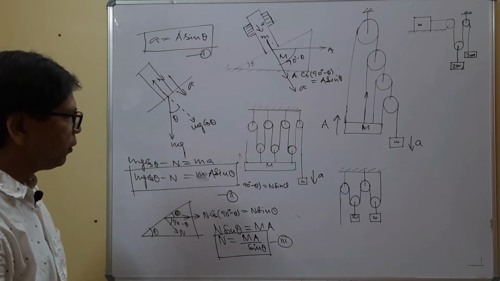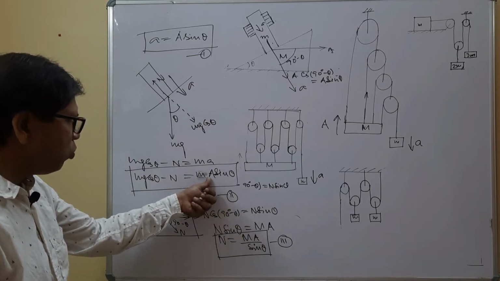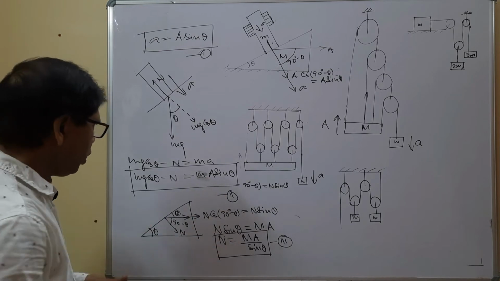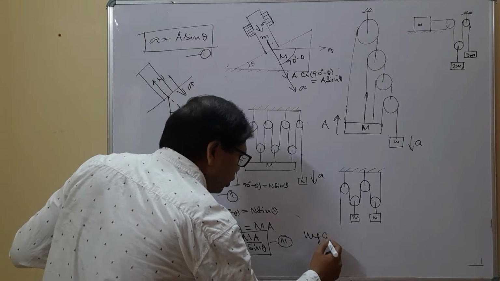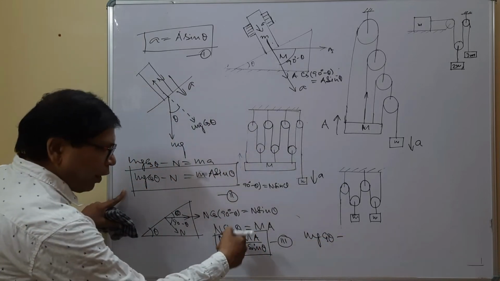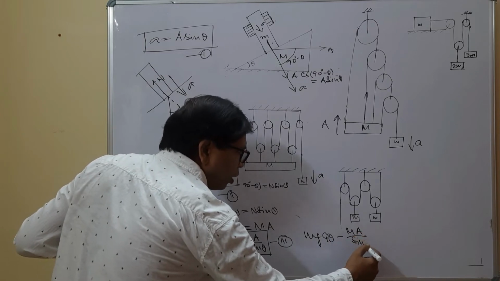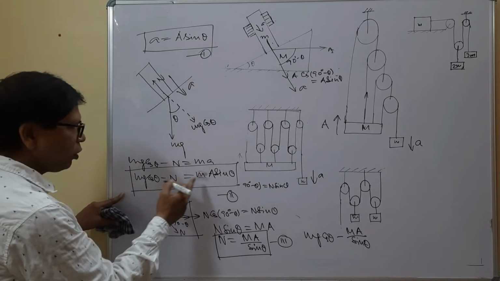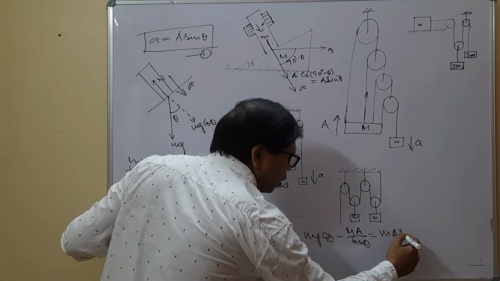Now we solve 2 and 3. This is equation 2 and this is equation 3. So mg cos theta minus MA by sin theta equals m A sin theta.